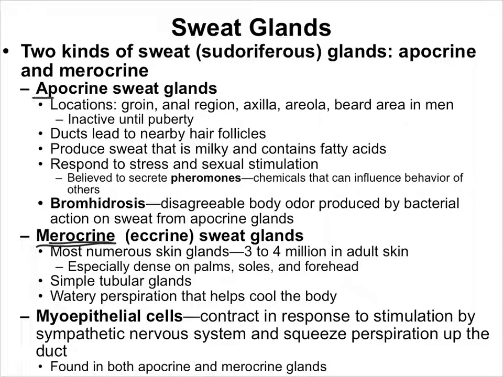Apocrine sweat glands, on the other hand, are not usually found active until puberty, and they are located in areas that are of sexual significance. They are found in areas that start to grow dense, dark hair upon puberty in both men and women.